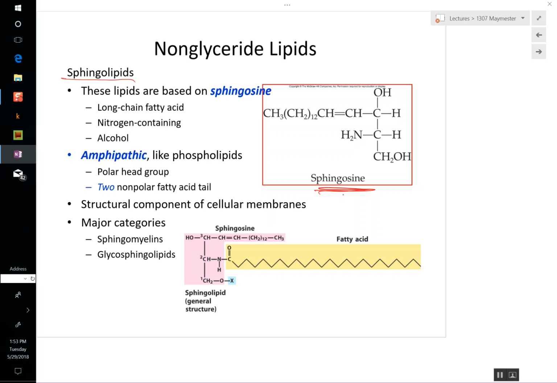And then over here you can have a phosphate group and something over there, and it defines a particular sphingolipid. So there's one fatty acid, there's a nonpolar chain, and something here. These are more complex even than phosphoglycerides. They have an even more complex backbone, sphingosine.